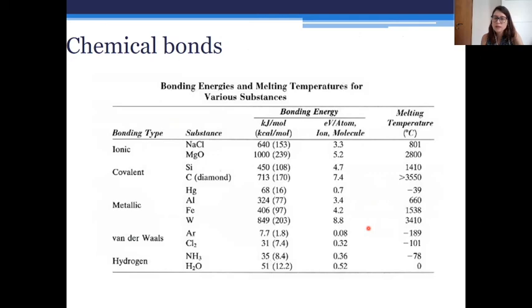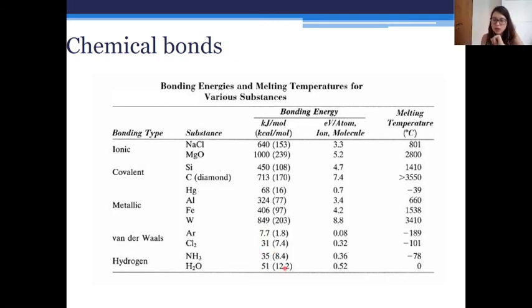So to summarize, here we have a table that indicates the bonding energies that we find depending on the type of bond: ionic, covalent, metallic, van der Waals, and the hydrogen bonds that we introduced. For each, we see the substances in which we find such kinds of bonds, some examples of these substances, and the value for this bonding energy. So you can see that the van der Waals secondary bonds have the lowest energy, so they are easier to break.